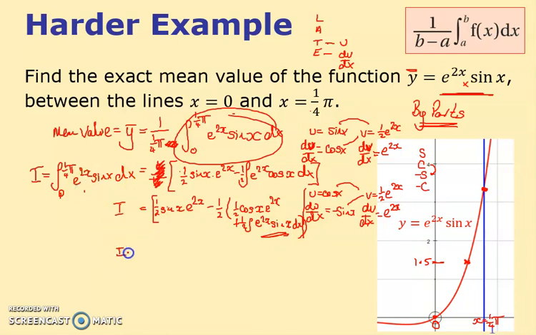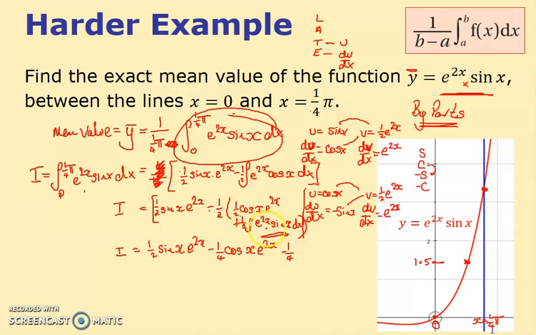So we end up with saying that the integral is a half sine x e to the 2x minus half of a half is a 1/4 cos x e to the 2x. Half times a half is a 1/4 minus a 1/4.